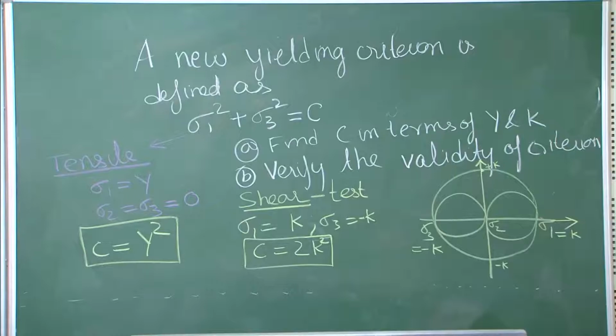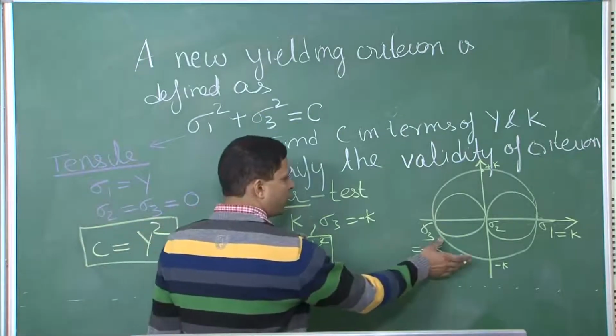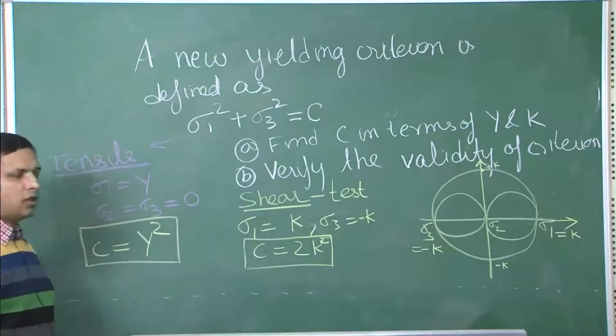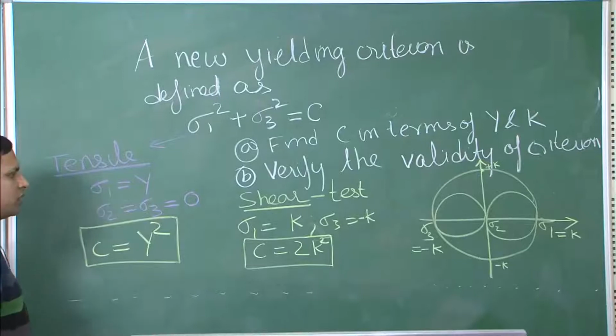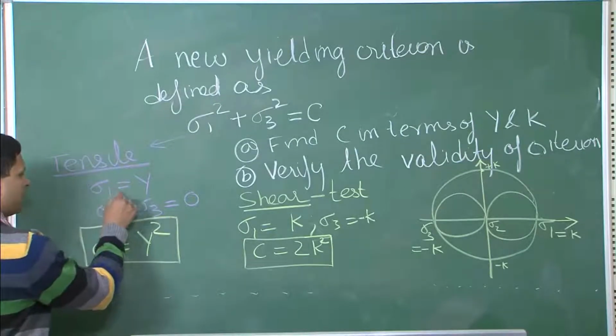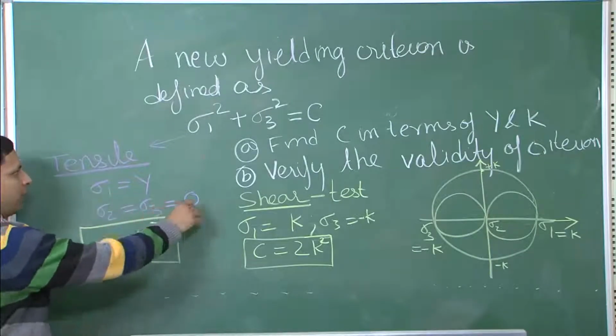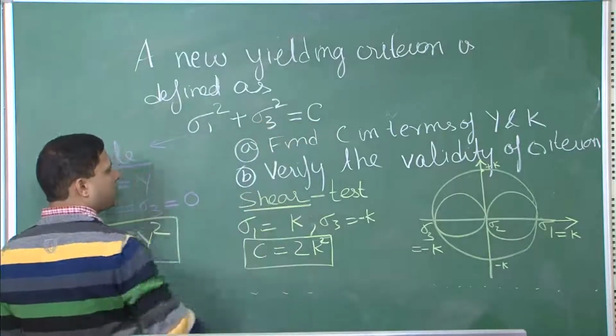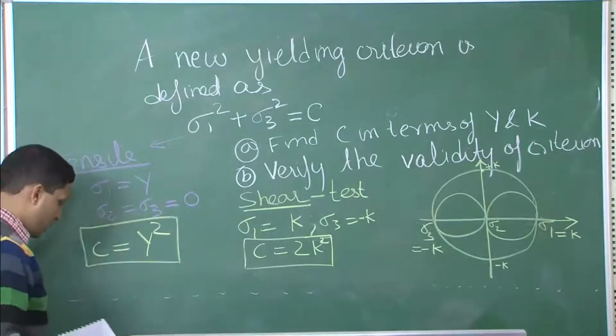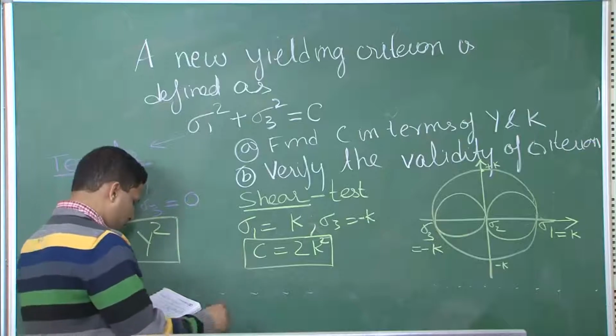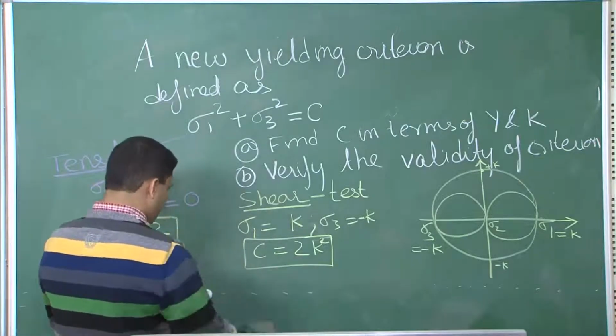The first part is in fact very straightforward. As long as you understand how to draw the Mohr circle for tensile condition and shear condition, you can put in the values of sigma 1, sigma 2, sigma 3, and you will get C. So, C is equal to y square and C is equal to 2 K square.